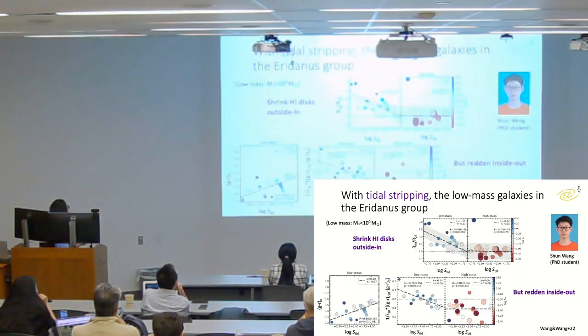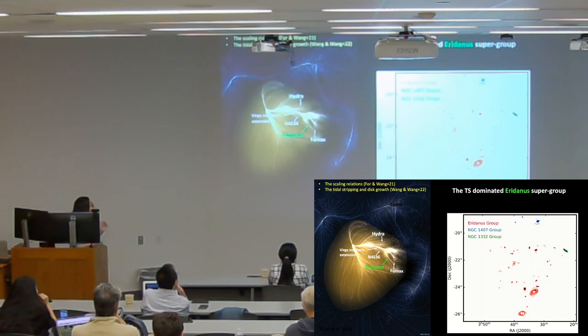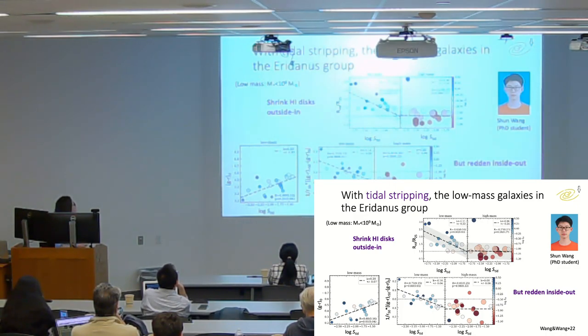Okay. Now we move to the tidal-stripping-dominated Arizona's supergroup. And we found that the highlight of the result is for low mass galaxies with stellar mass below 10 to the 9 solar masses.